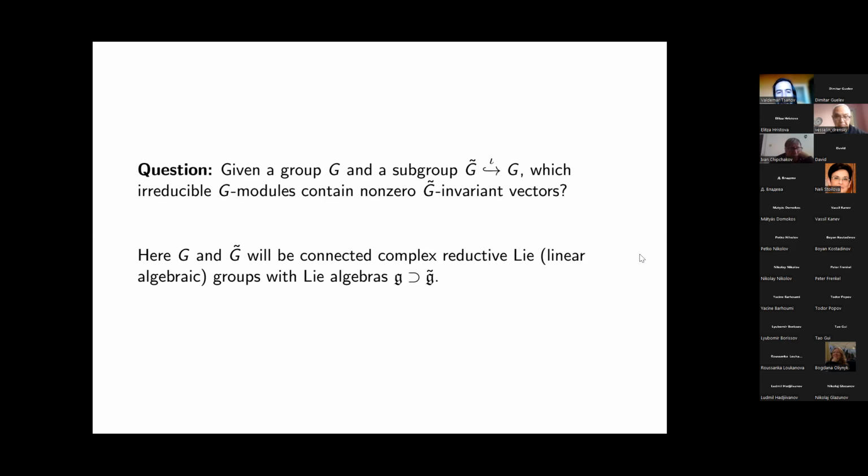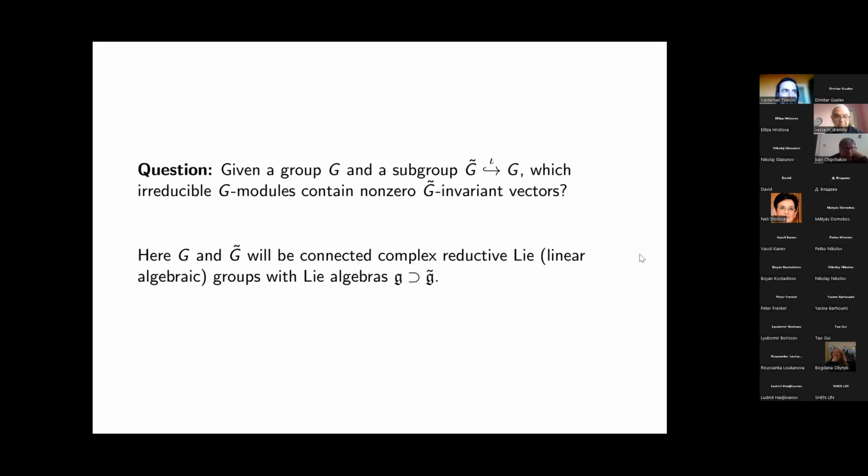Rather than using different letters, because I also have to assign attributes to them, weight lattices and so on, I use tilde for the subgroup and G for the large group. Why is tilde the subgroup? Because the structure of the large group is more important, and the notation is more clear this way. But of course, the notation is a bit complicated.